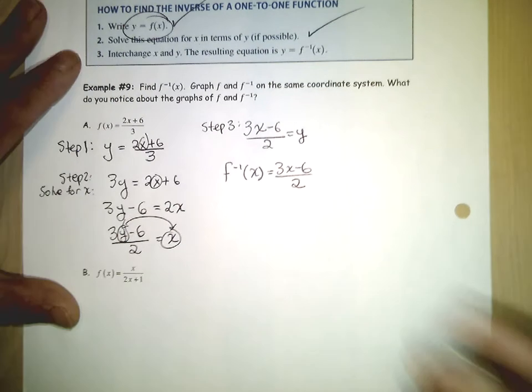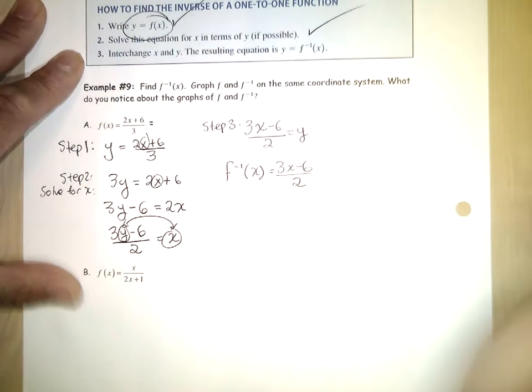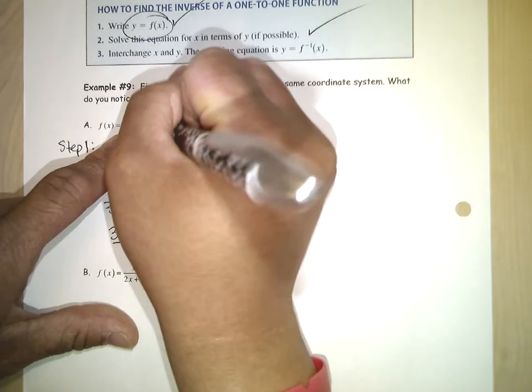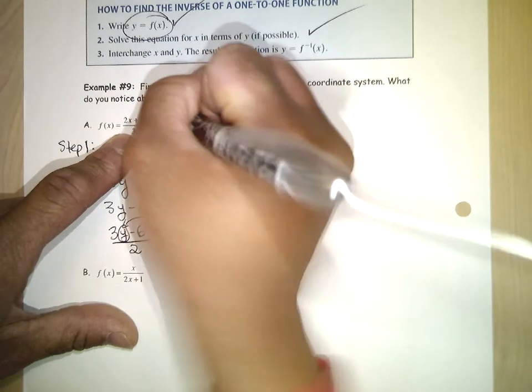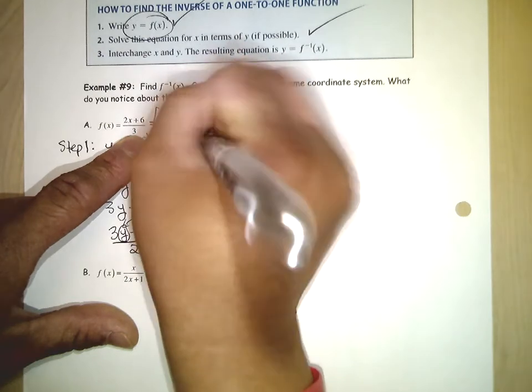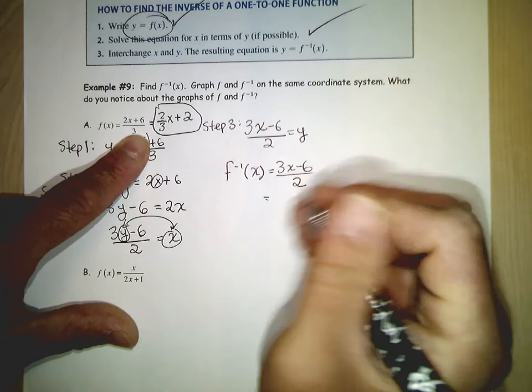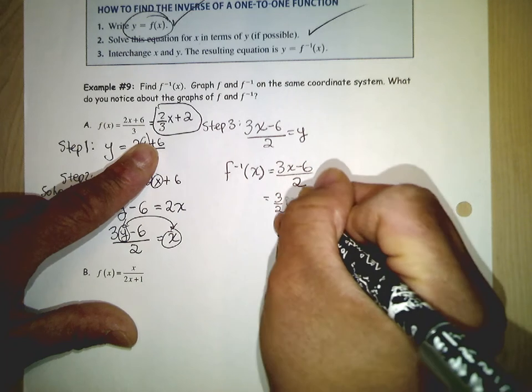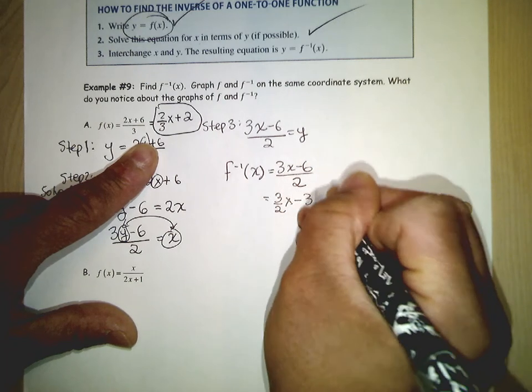All right, so now remember that another way to write f of x is 2/3 x plus 6 over 3, which is 2. And another way to write f inverse of x is 3/2 x minus 6 over 2, which is 3.